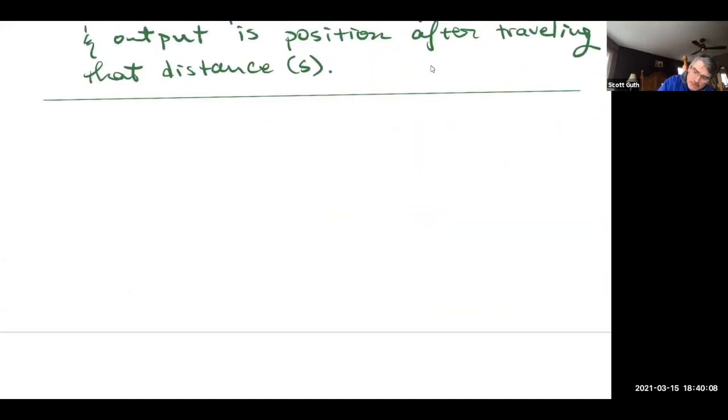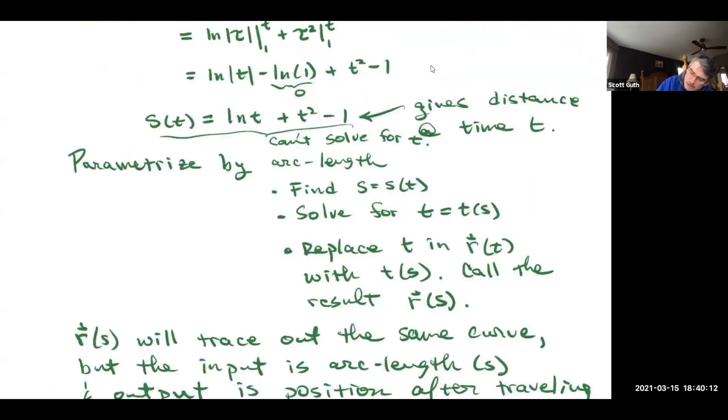So a real quick example. Here my r of t is going to be 2 cos t, 2 sine t, and t over 4. Anybody know what shape that is?